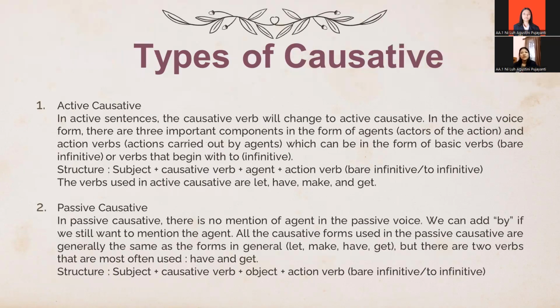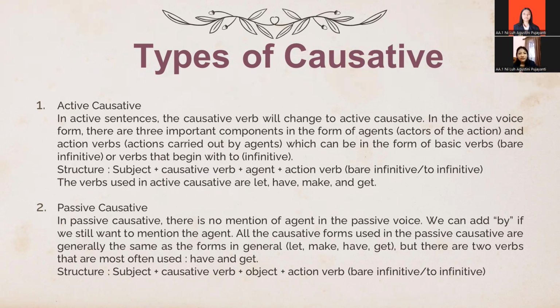So next we will discuss the types of causative. There are two types of causatives: active causatives and passive causatives. Active causatives. In active sentences, the causative verb will change to active causative.